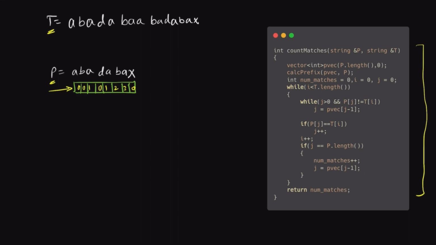So let's get started. Initially, i is on the 0th index in the text, and j is on the pattern, again on the 0th index. We check whether j is greater than or equal to 0, and now we trace it. These match, and therefore we will increment i and j both.